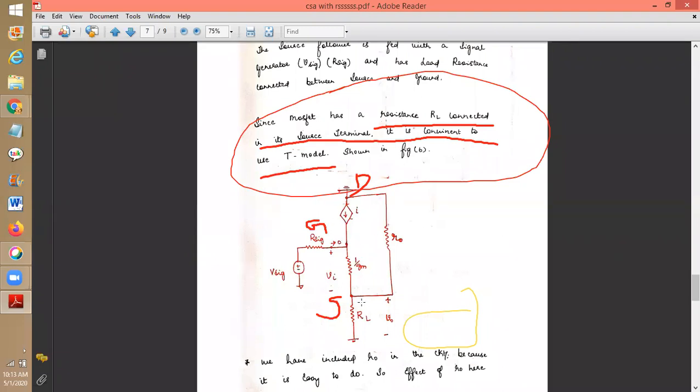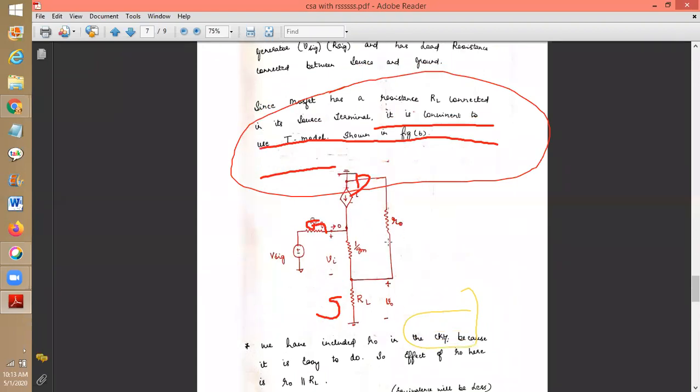That is without channel length modulation. For with channel length modulation, you have to place a resistance R0 between drain and source. Very, very important.